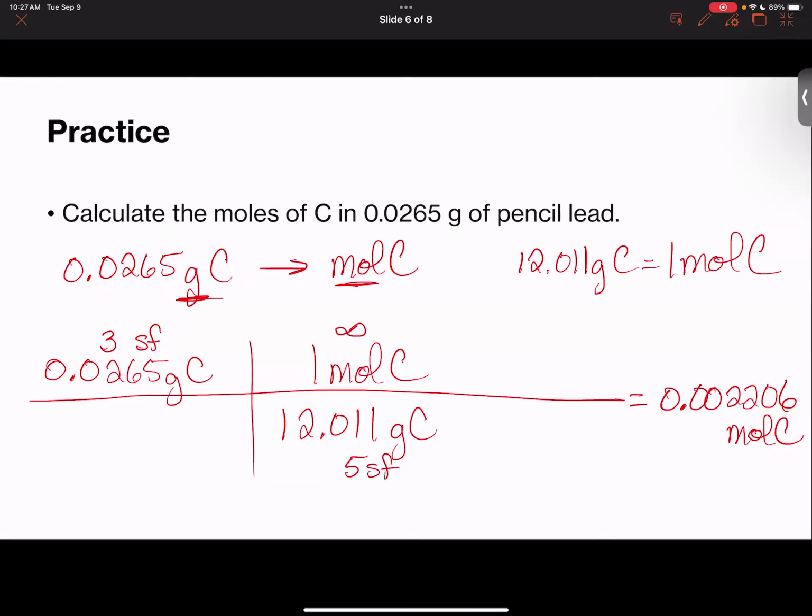So we have 3 significant digits times an infinite number of significant digits divided by 5 significant digits. The measurement with the fewest had 3, therefore your answer can only have 3 significant digits. So you would record your answer as 0.00221 moles of carbon.